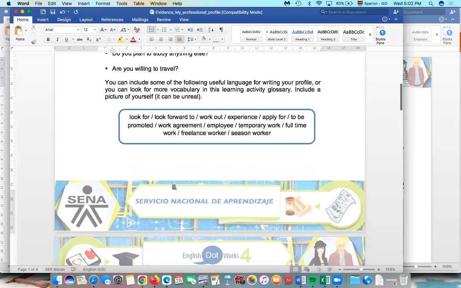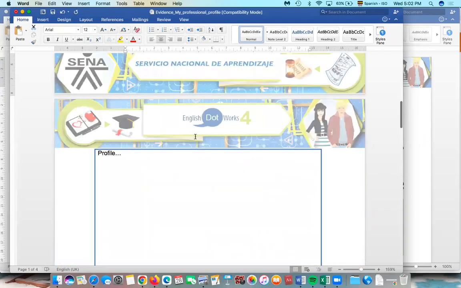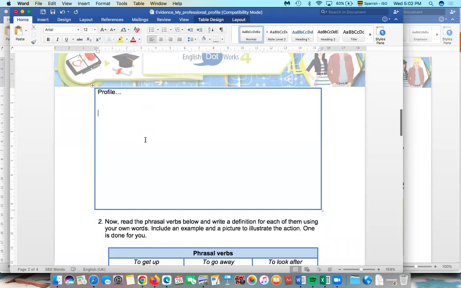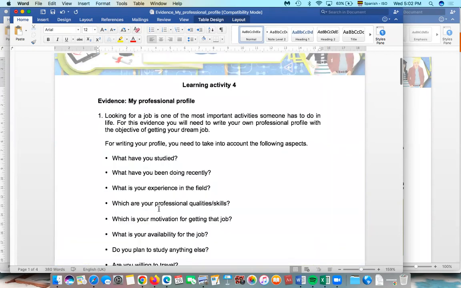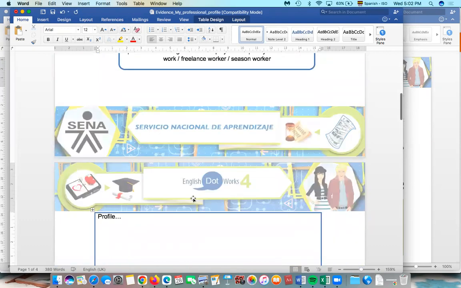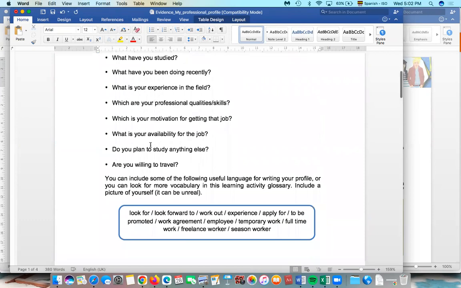You can see some expressions that you can include, some of the expressions they gave us in the study material as well. You write your profile based on these questions. You don't have to answer each question separately. You just need to write a paragraph based on these questions.